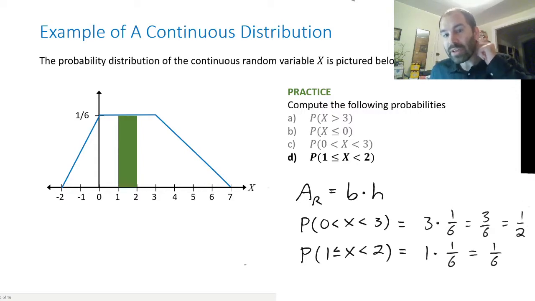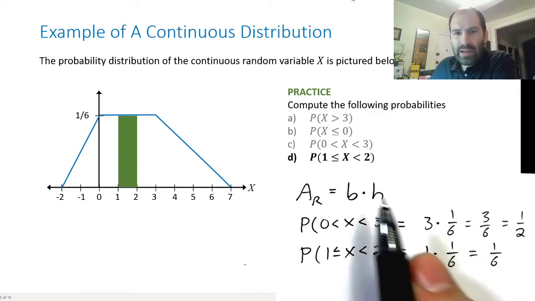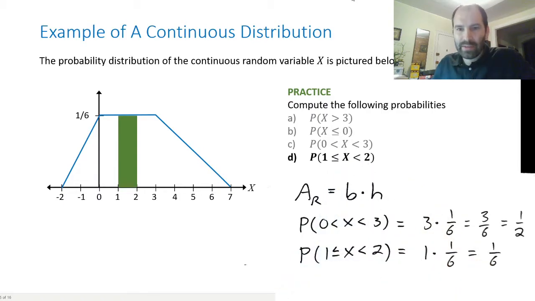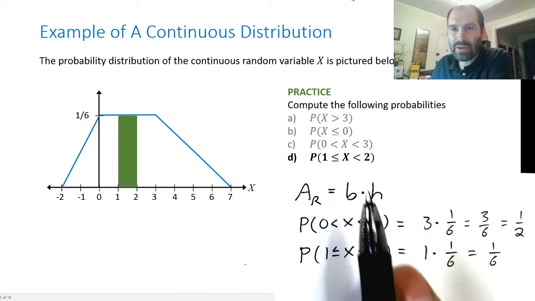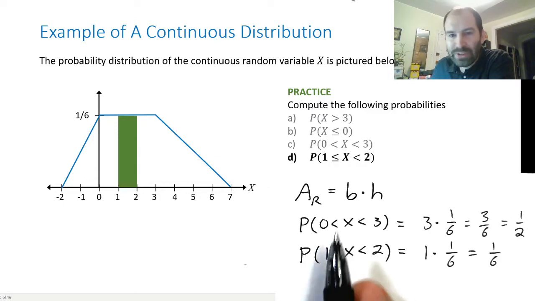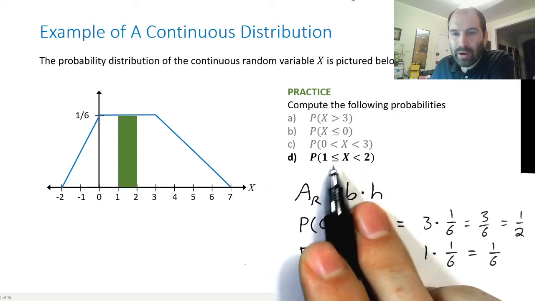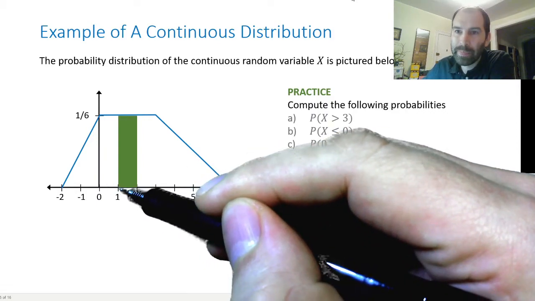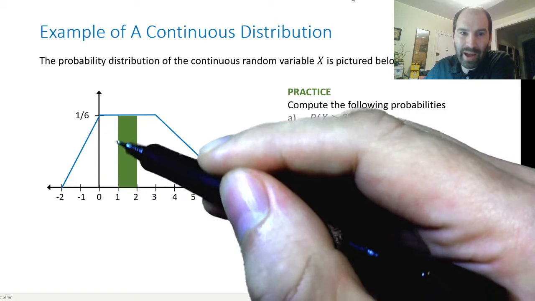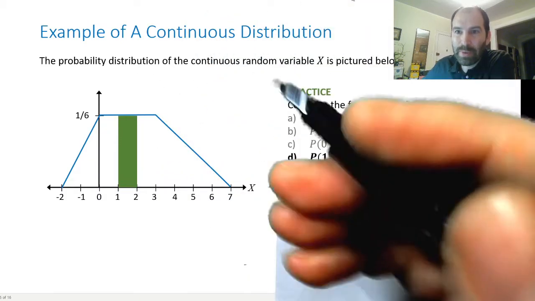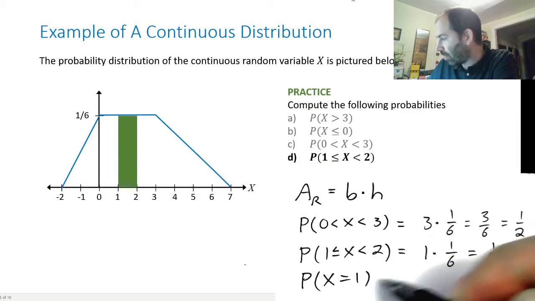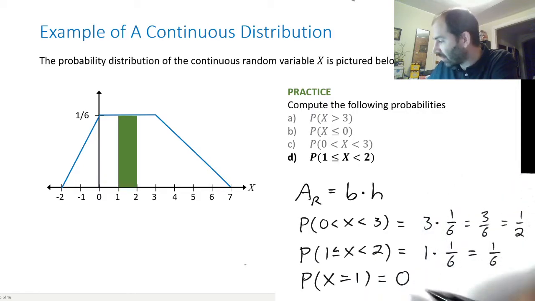Now, you may have noticed something strange here. Did these "or equal to"s matter? If I had had this be less than instead of less than or equal to, would it make a difference? If you think about it, the only difference is that if I have an or equal to symbol, that means I'm including 1. But the probability that x equals 1 is the area of that line, which is 0. We talked about this before, it's equal to 0.